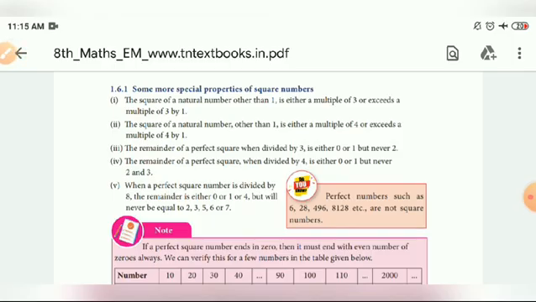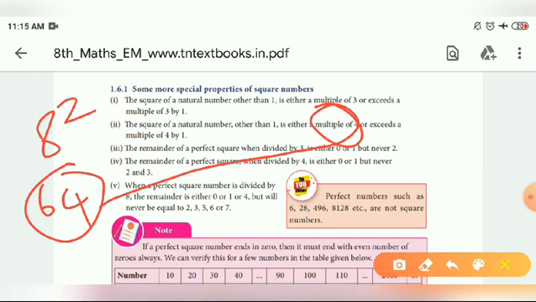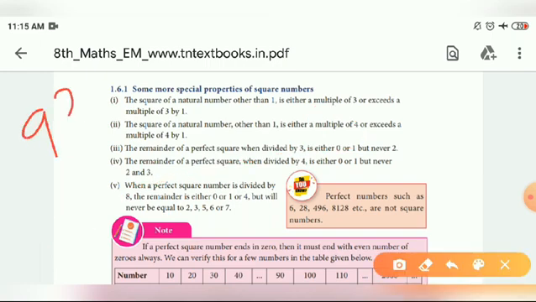Okay. The second property: the square of a natural number other than 1 is either a multiple of 4 or exceeds a multiple of 4 by 1. Let's take the same example. 8 square means 8 8s are 64. So 64 is a multiple of 4. If you take 9 square, 9 9s are 81.